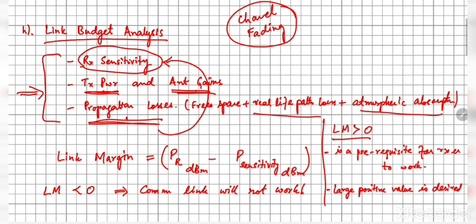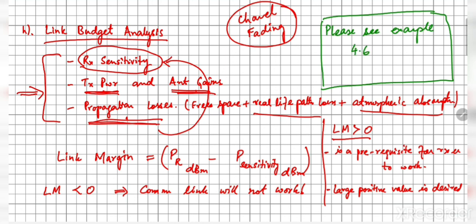So with that, we are almost at the end of the lecture of today. Before concluding, I would like to write a note for you to please see example 4.6 in the reference book, and I would also provide you the exact page number of the book that I would like you to look into.